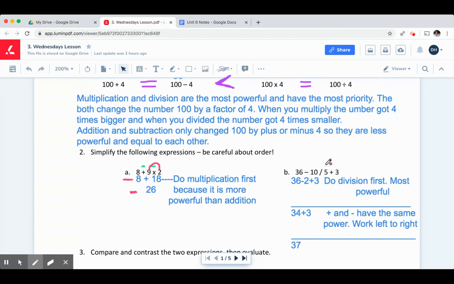Part B, similar to part A, does not have any parentheses. So when we don't see any parentheses, our first job should be to underline the operations that are happening. This way, you give yourself a clue of what to do first. I see that there's subtraction, division, and addition. Which operation should I solve first?